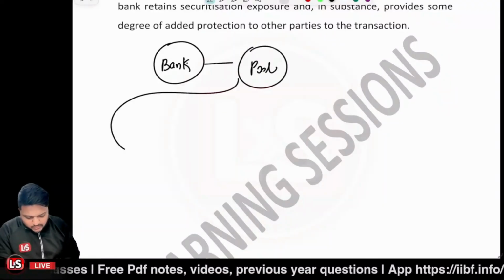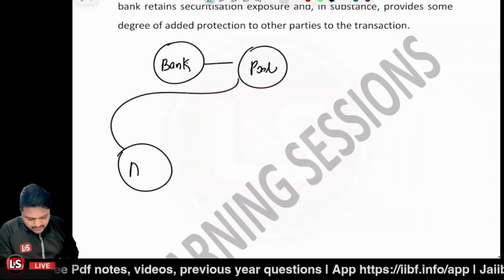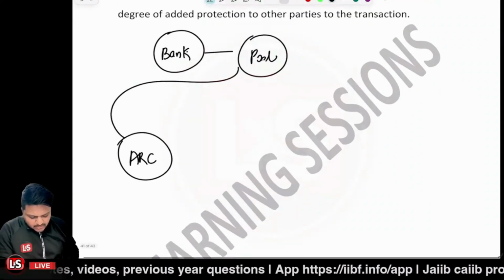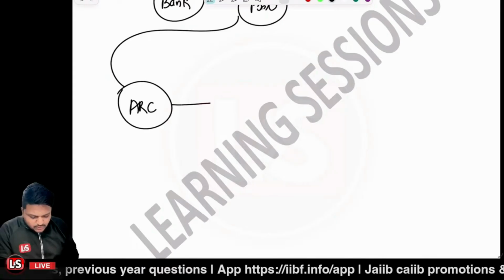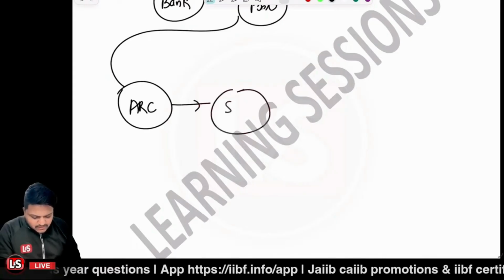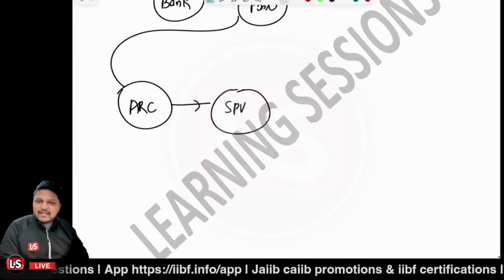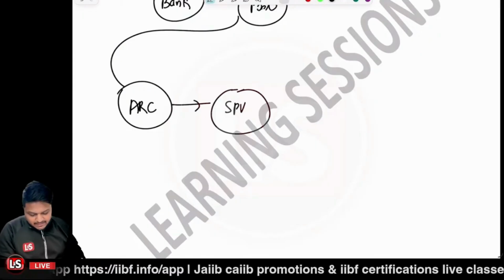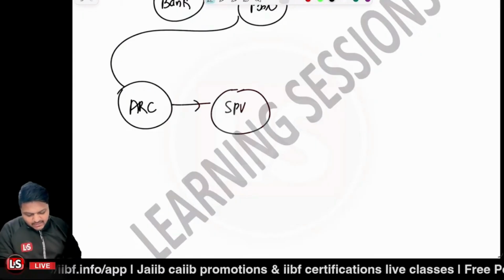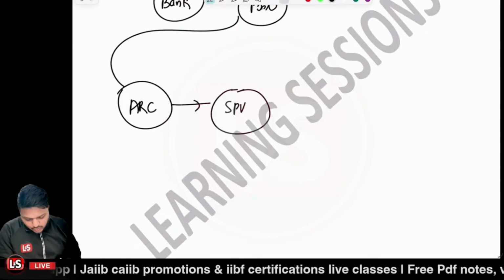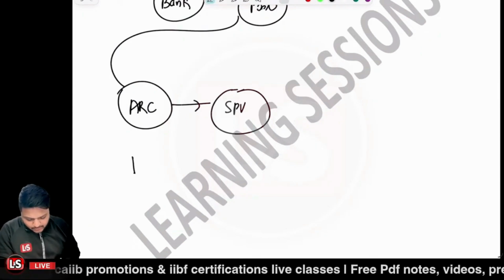That pool of accounts is sold to an ARC, that is, an asset reconstruction company. The asset reconstruction company is going to create an SPV for the same purpose. For every single scheme, the SPV, that is a special purpose vehicle, is created and the assets are transferred to the SPV.